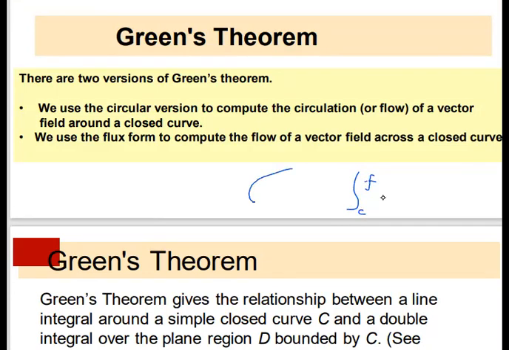So why do you compute a line integral? Here you have your vector field, a two-dimensional vector field, not three-dimensional. Here we focus only on the two-dimensional vector field. If you want to measure the tendency for the vector field to be aligned with the tangential vector to the curve, the circulation, you compute the line integral.